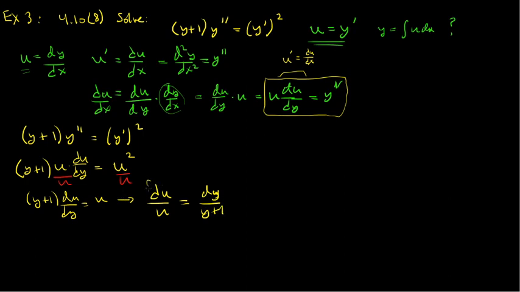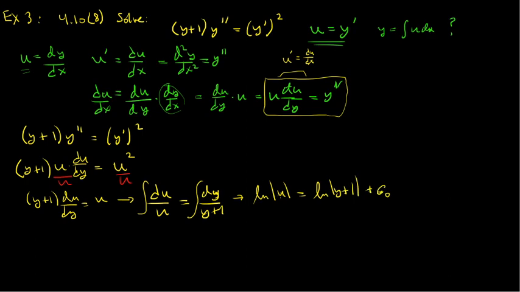And when we integrate both sides, we just get natural log of the absolute value of u is equal to natural log of the absolute value of y plus 1 plus c0, your constant of integration.